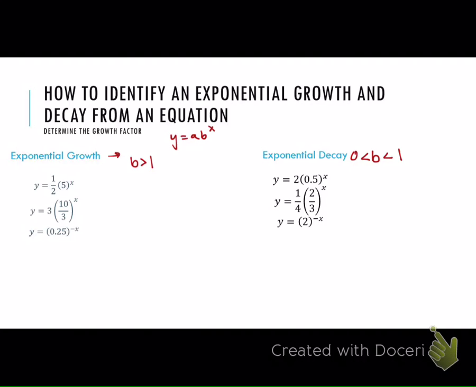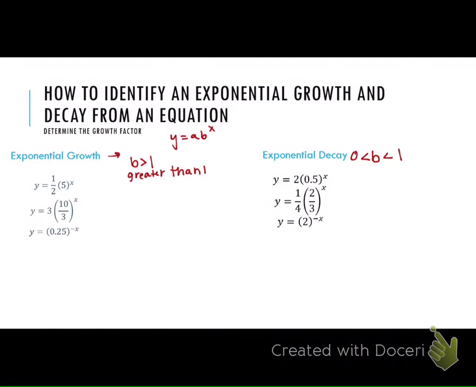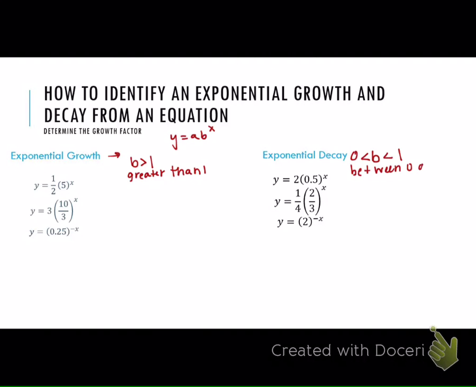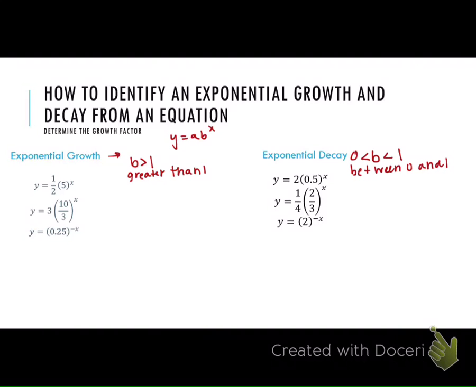So if you need to write that as greater than 1 for yourself, and between 0 and 1, so then we're going to look at these ones in the growth column. First, you're going to identify what your b value is for me, and then we'll talk about why it's growth.